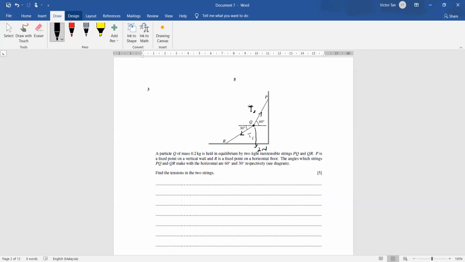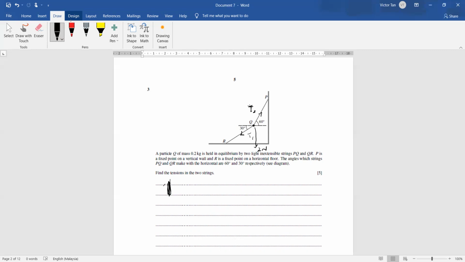So you can always solve by resolution of forces or drawing a closed vector diagram. Since this vector diagram is not a right angle triangle, I'm gonna solve via resolution of forces.